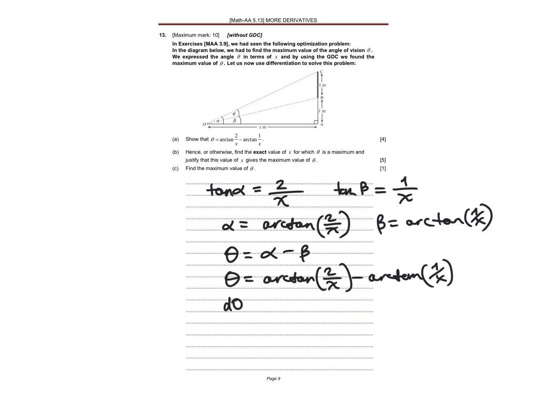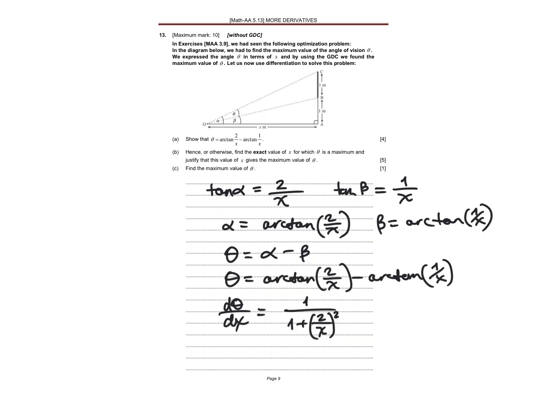So we want d theta dx. So for the derivative of arctan, we're going to have 1 over 1 plus 2 over x, all of that squared.